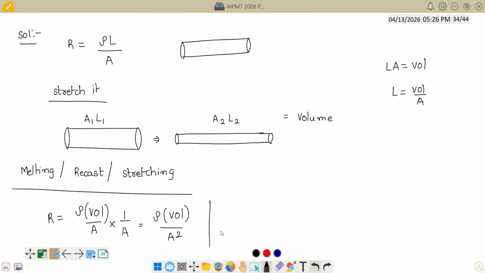The same logic, I can replace the area by volume by length. Then I'll get rho L square by volume.